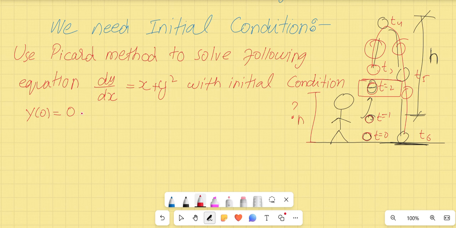All right. So here we also need up to the first approximation, second approximation, third approximation. Here they say up to the third approximation.